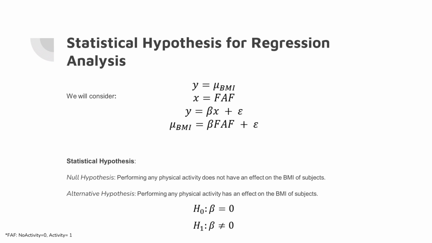Then, the statistical hypothesis is divided in two. The null hypothesis, which states that performing any physical activity does not have an effect on the BMI of subjects, and the alternative hypothesis, which states that performing any physical activity has an effect on the BMI of subjects.